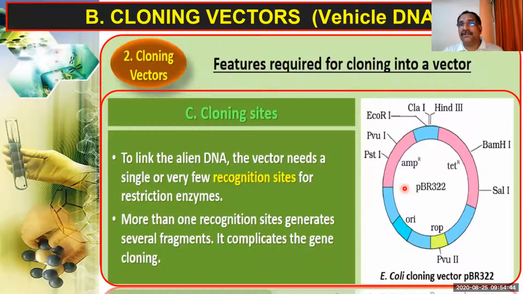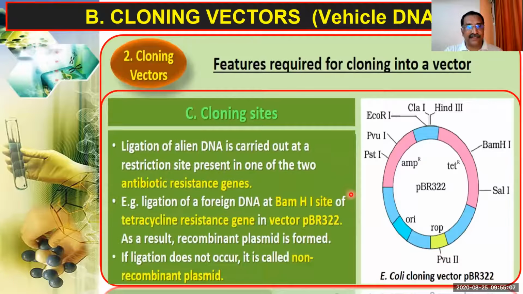If there is only 1 or 2, especially only 1 recognition site, that is better for generating fragments. If there are more than 1 recognition site, gene cloning will be more complicated. So this is about the cloning sites.